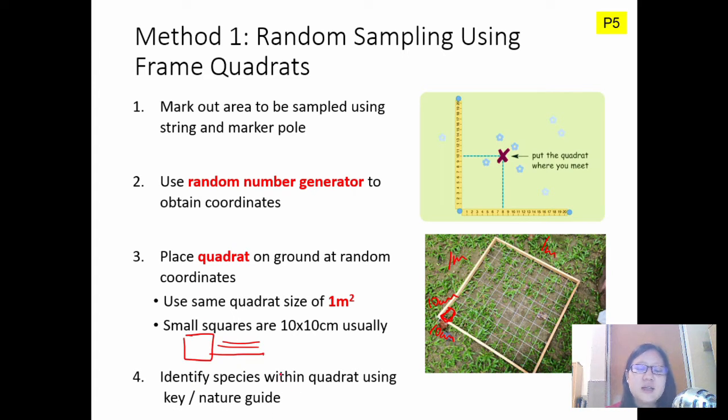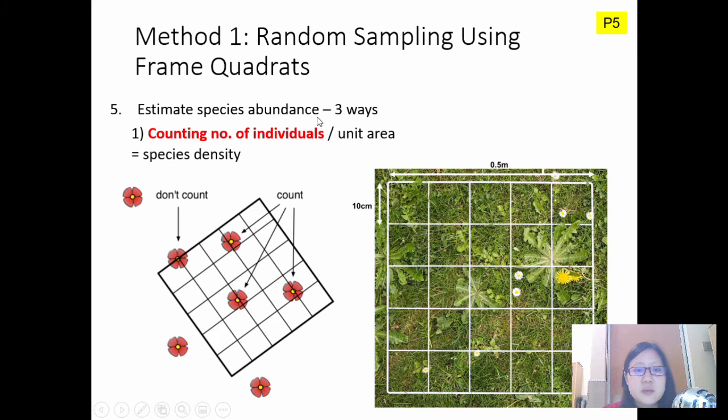A nature guide is a book that you can buy at bookstores, and basically they have a catalog of different species, descriptions, and uses of that particular plant or species. So yeah, you can identify species using that, and then you can count them. You can estimate the species abundance.